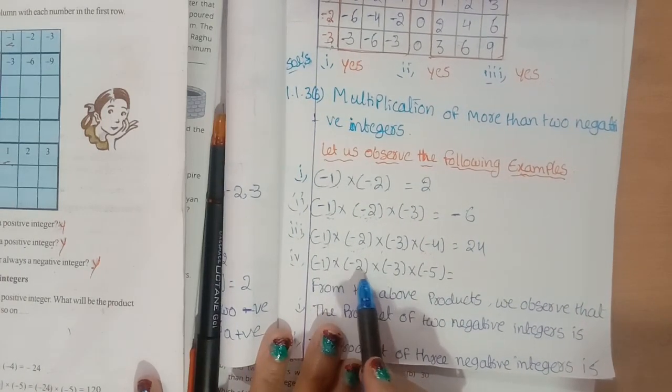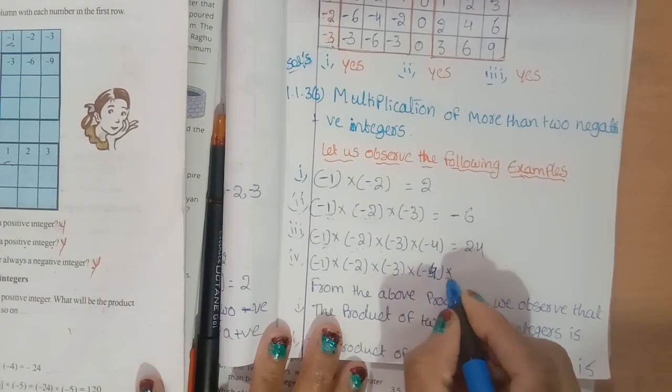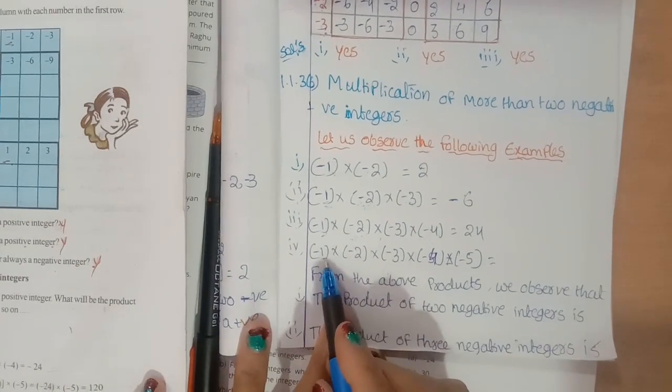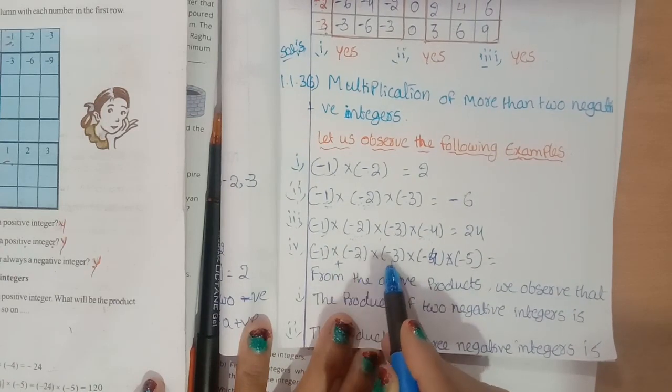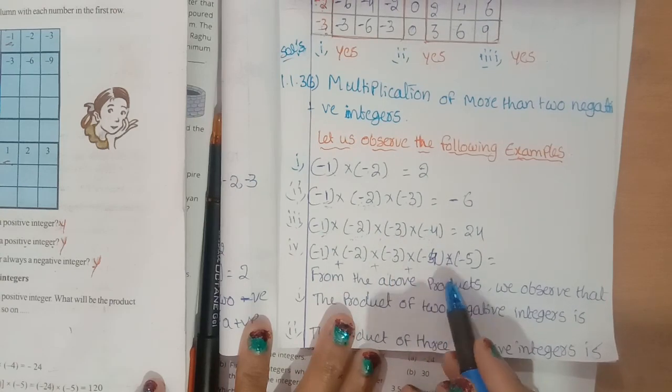1 2 3 4, then that is our 4, and again multiplied by the 5, an odd number. So here minus into minus is plus, again minus into minus is plus, and minus into minus is plus, minus into minus is plus only.